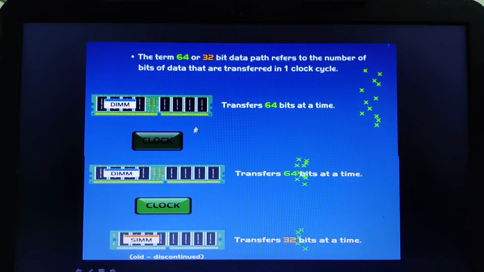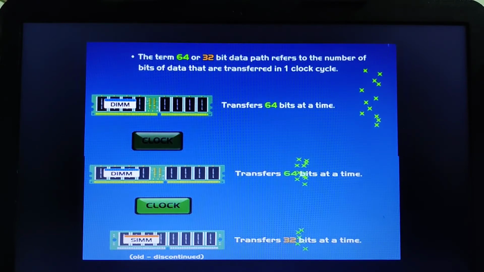That means your data bus has 64 parallel wires. What is a bus? A bus is nothing but a collection of parallel wires that is used to transfer the data between the various components of your computer system.